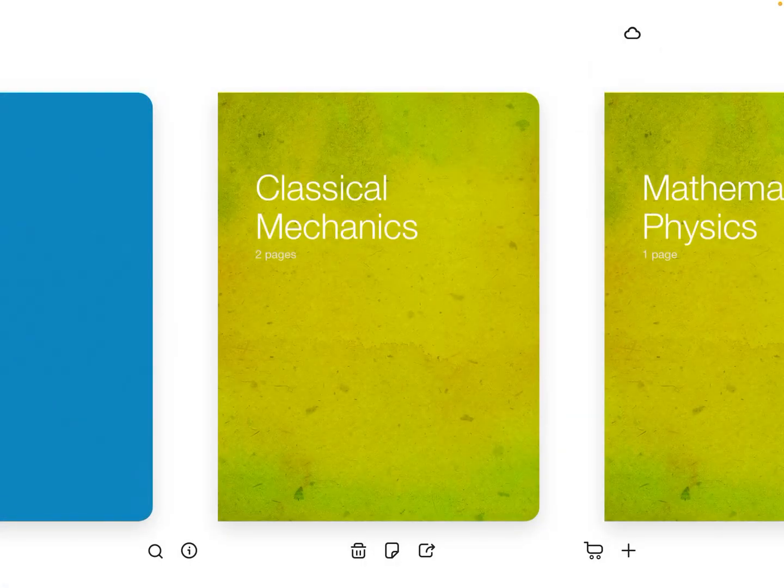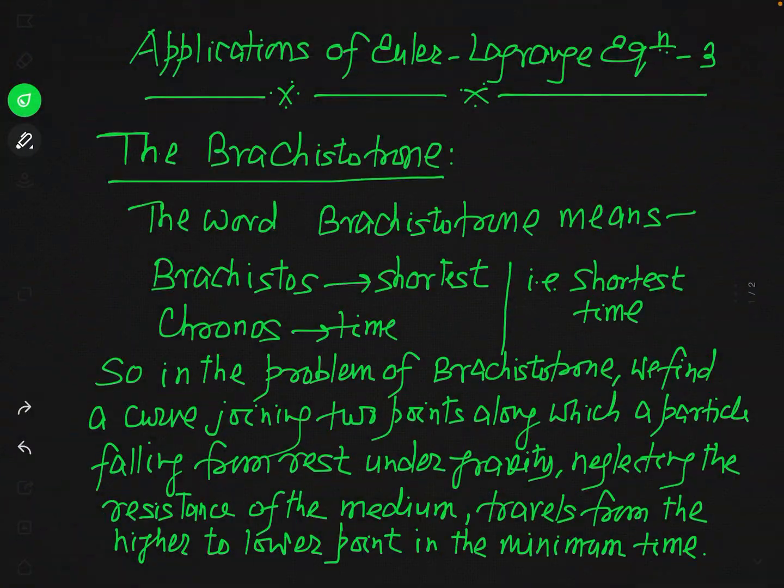In the last two lectures, we have discussed two important applications or examples of calculus of variations. Now we are going to discuss a very important problem, the problem of Brachistochrone.